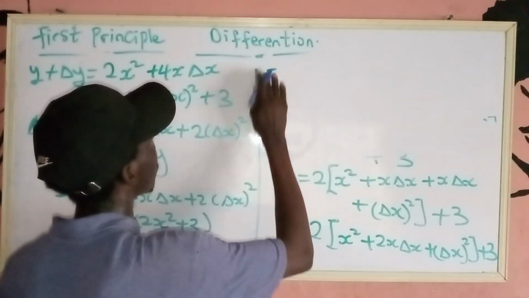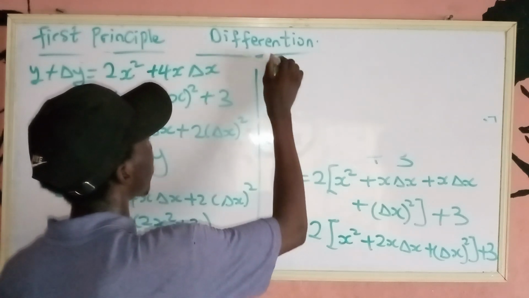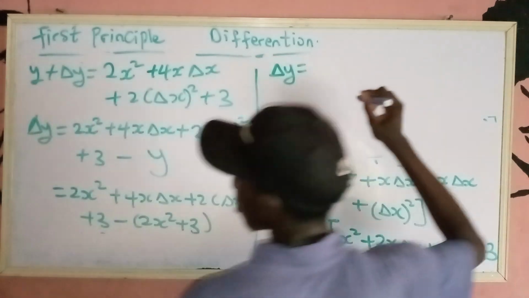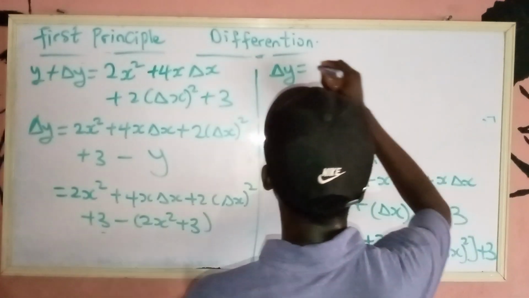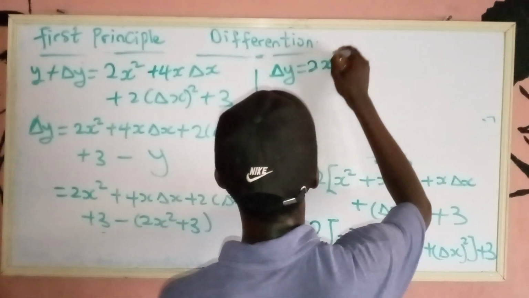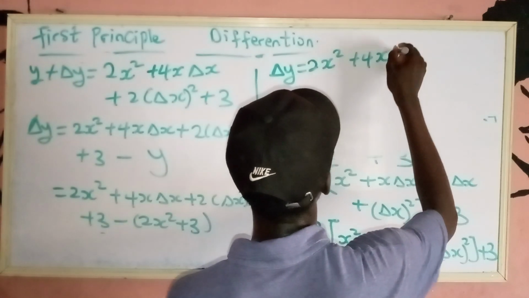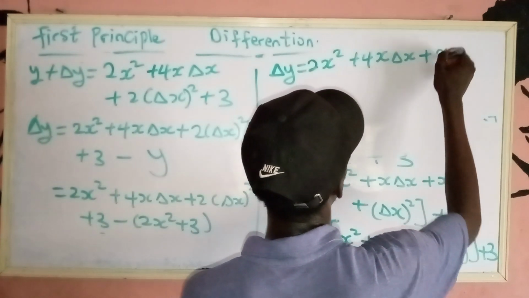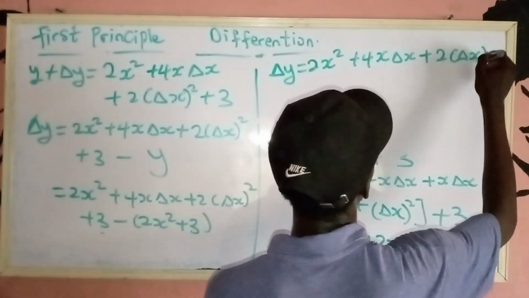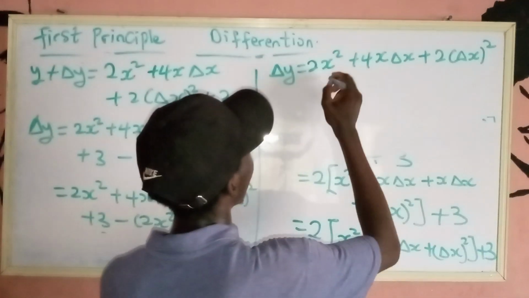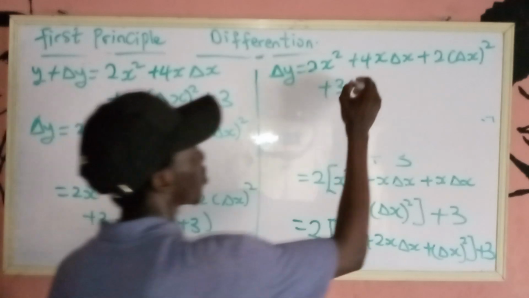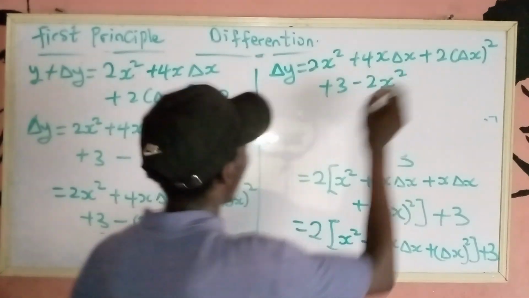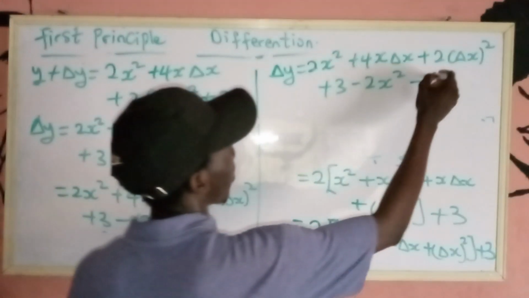So my change in y, I've got this y here, so you are left to change the y on the left hand side, and you are having here 2x squared plus 4x change in x plus 2 change in x squared plus 3, minus times this is minus 2x squared, and minus times this is minus 3.